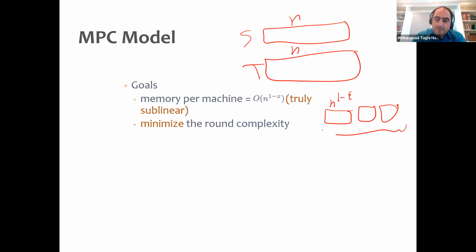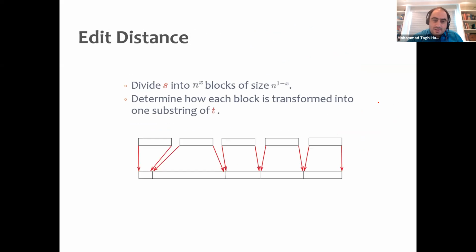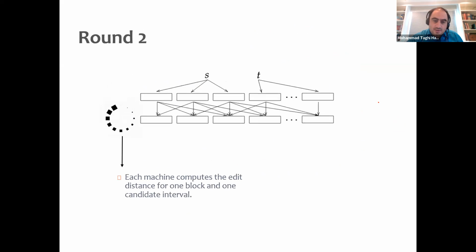We should have N to the epsilon machines. So we have N to the epsilon machines, each of them has size N to the 1 minus epsilon, the space. Now, what is the algorithm? The way that we can do it would be these things.